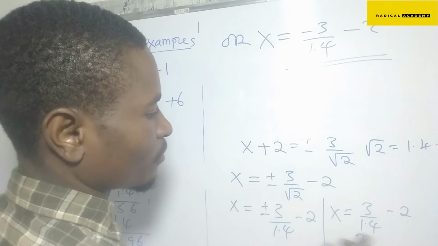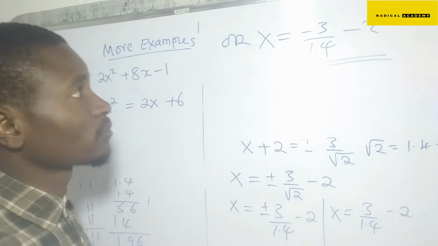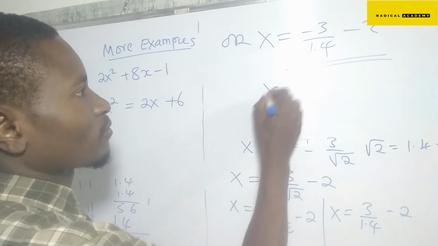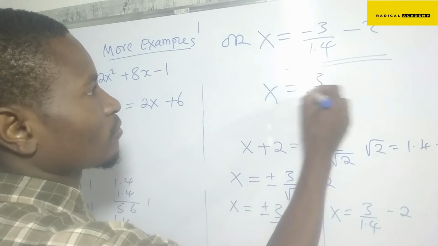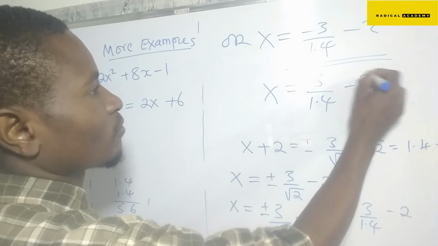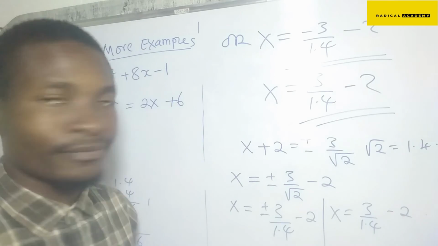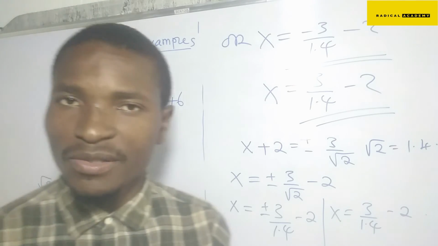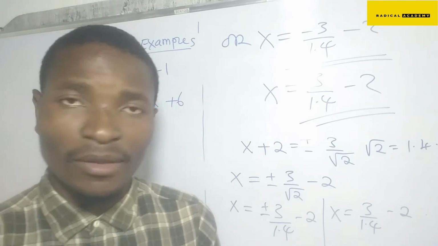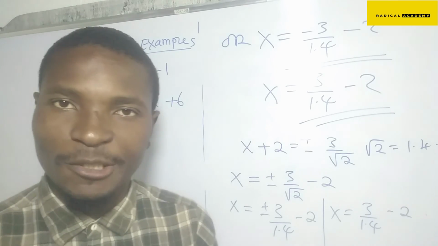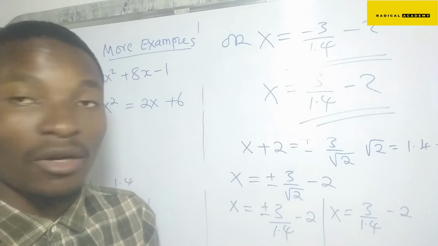Okay, so those are the two answers for that quadratic equation under the method of completing the square.